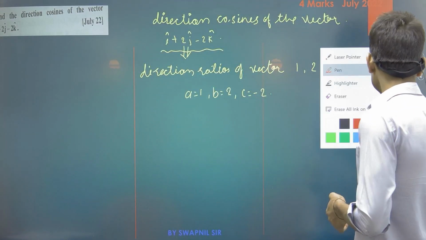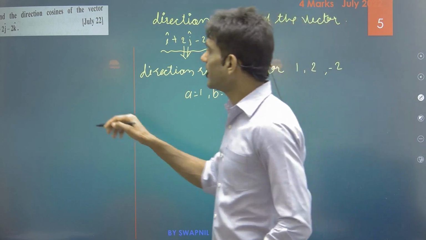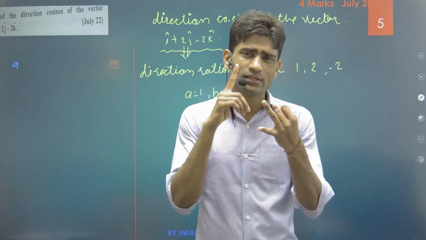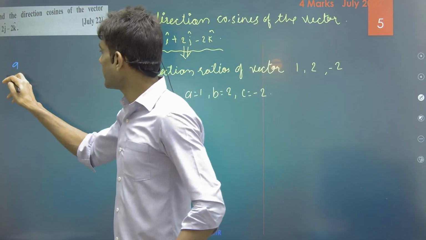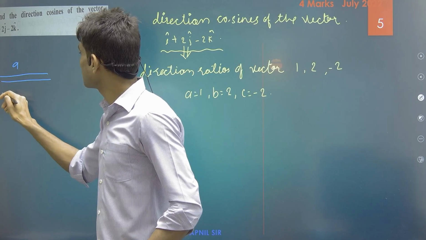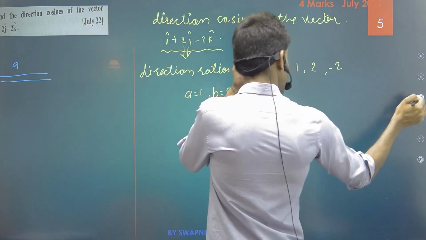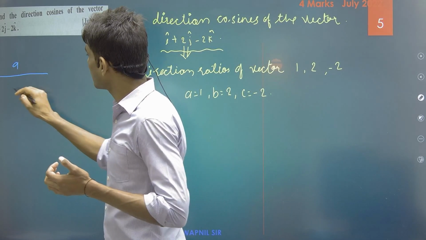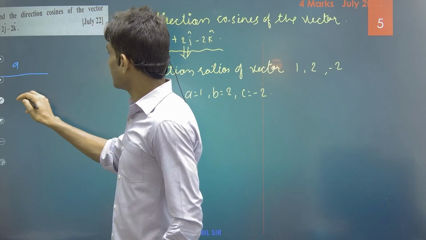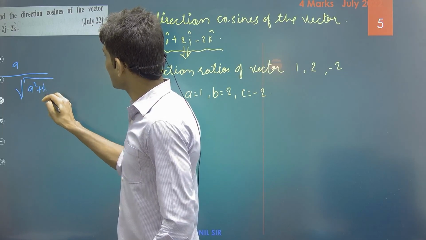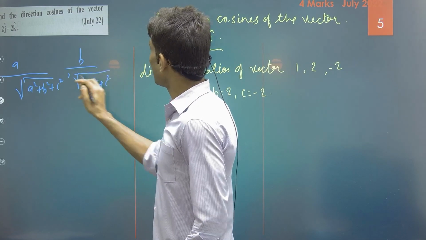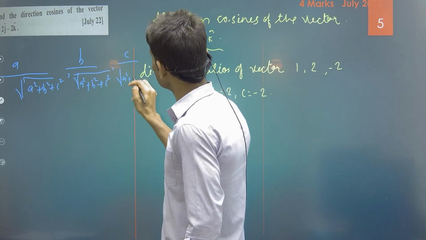The direction cosines are a upon square root of a square plus b square plus c square, b upon square root of a square plus b square plus c square, and the third direction cosine c upon square root of a square plus b square plus c square.